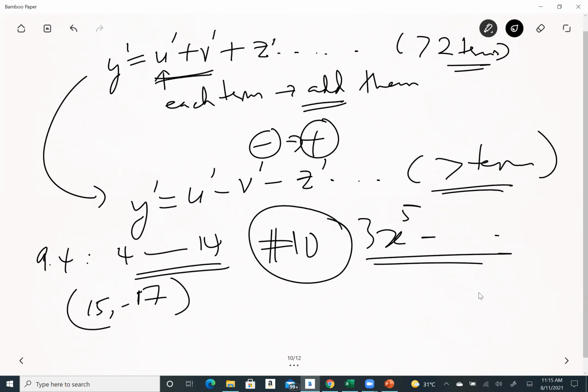What you do here is just find the slope of the tangent line. Part A is enough; the instantaneous rate of change you don't need to do. Actually, we can think of it as the same thing. So you just answer part A, the slope, using the derivative. You do like what we are doing now. You find the derivative at that particular point. So I'll give you 15 to 17.